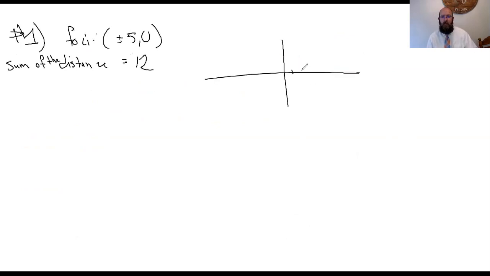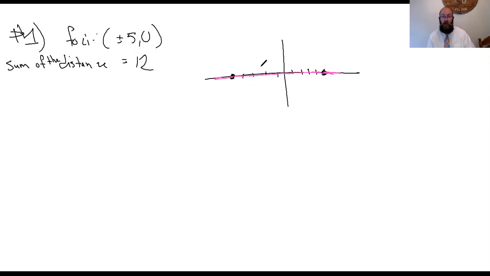All right, so let's draw the things we know. The foci, plus and minus 5, 0. So I'm here, 2, 3, 4, 5, and here. It also said sum of distance. Well, first, I know my major axis is here, and definitely a little bit past it. So that is the sum of distance that they're talking about.